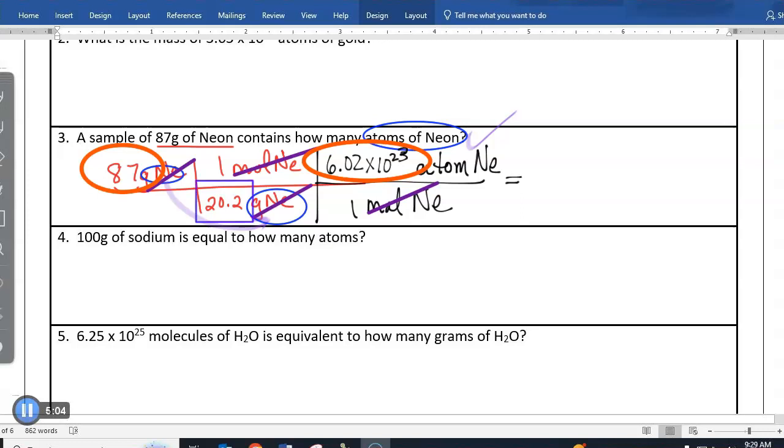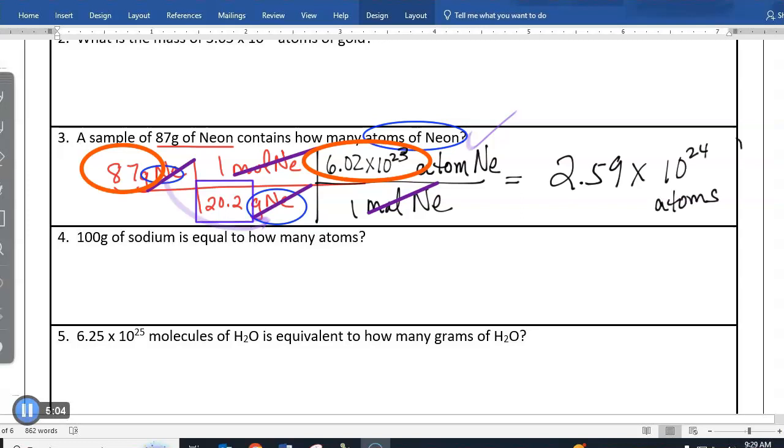So 87 times 6.02 times 10 to the 23rd divided by 20.2. I get 2.59, that E to the 24th, times 10 to the 24th atoms.